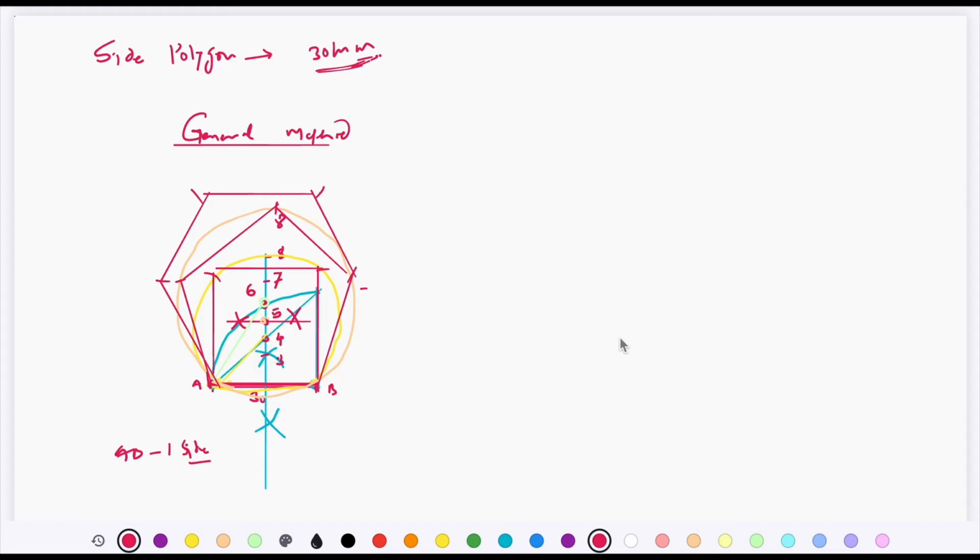Next, another method based on the side of the polygon being given. In this case, let's say this is side AB. The length of this side is 30 millimeter, and for the time being, let's say we are going to draw a pentagon, that is a 5-sided polygon.